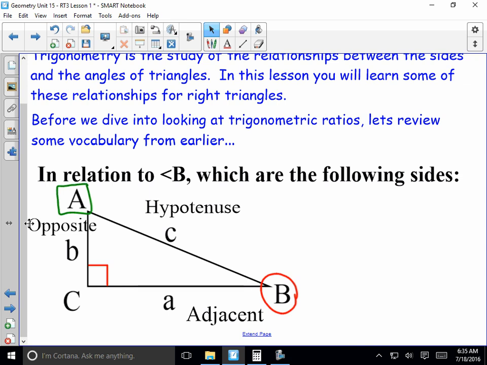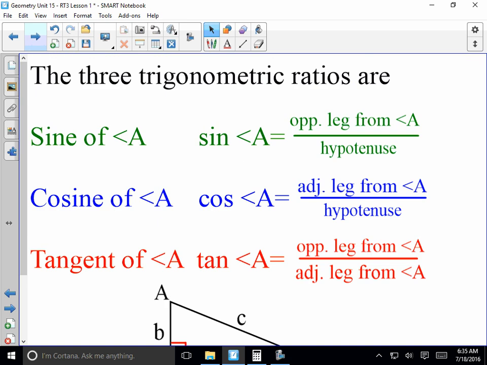Opposite of A would be CB, and adjacent of A would be AC. But we're labeling this one in relationship to B, so we want to make sure that we don't move those pieces from where they're at right now.